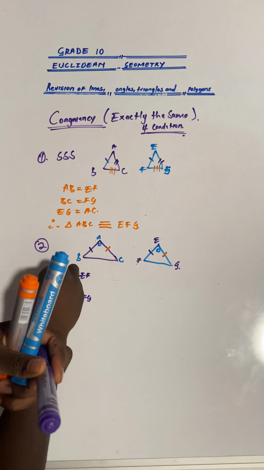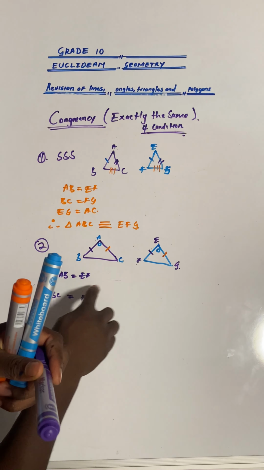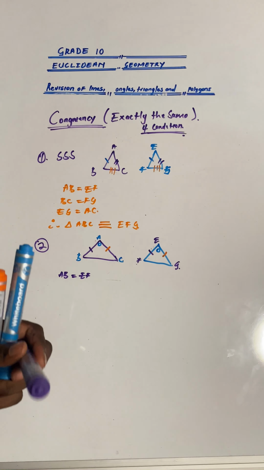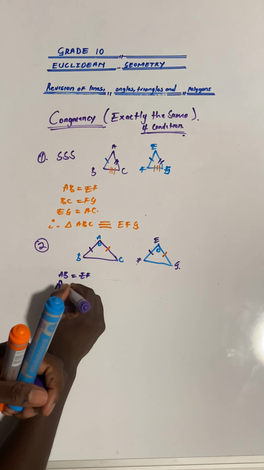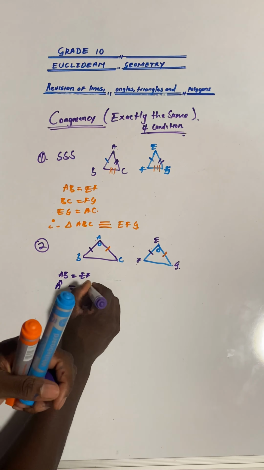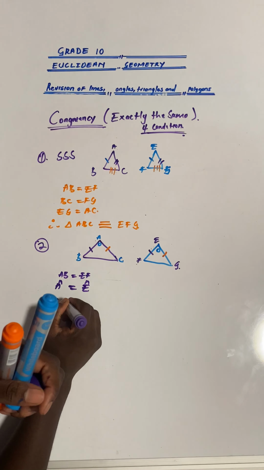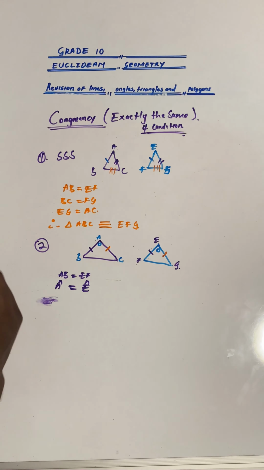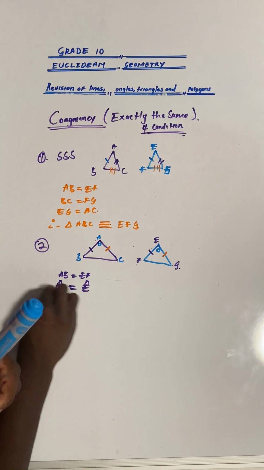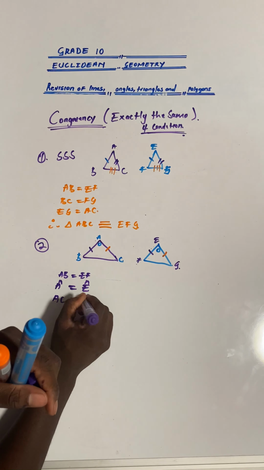So first it's the sides. AB is equals to EF, right? Then we go on to say an included angle. Angle A is equals to angle E, right? Then lastly, we're proving the last side, so that would be AC is equals to EG.